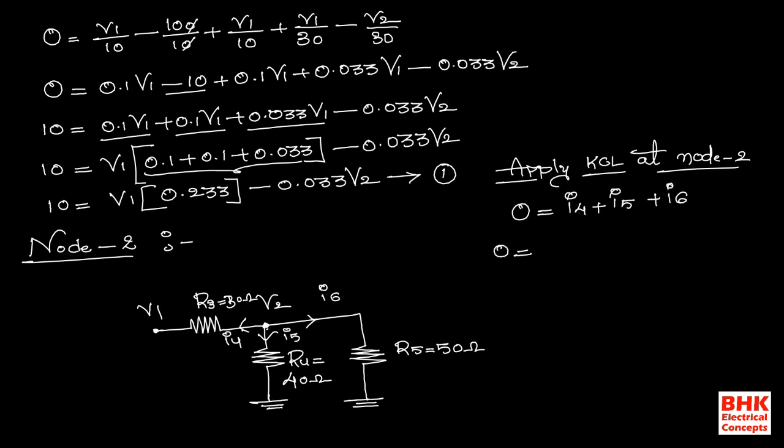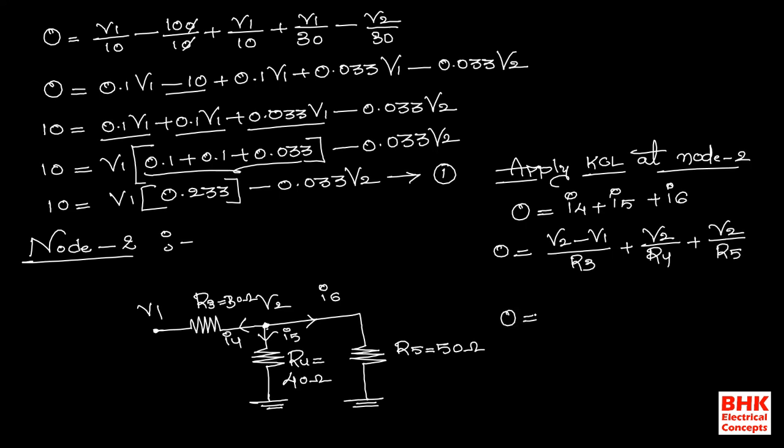I4 is the current starting from V2 and flowing through R3 towards V1, so instead of I4 we place (V2 minus V1) divided by R3, plus I5, the current starting from V2 flowing through R4, so V2 divided by R4, plus I6, the current starting from V2, that is node 2, and flowing through R5 towards ground, so V2 divided by R5.